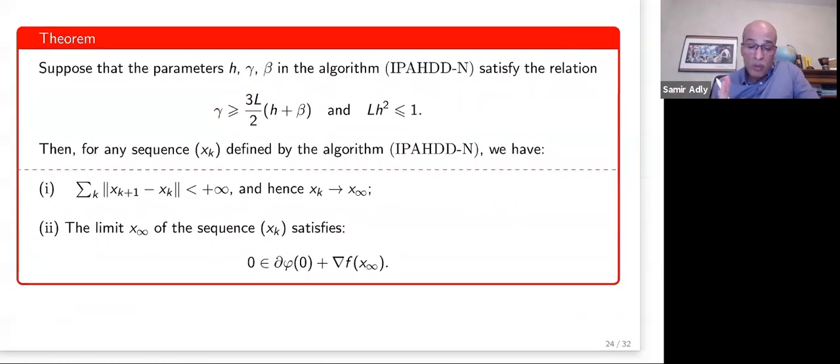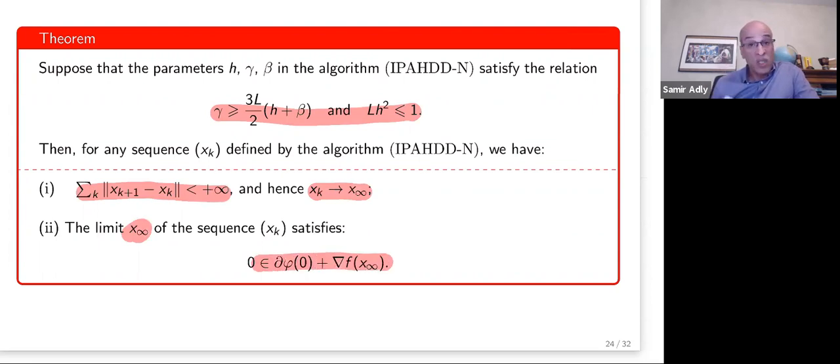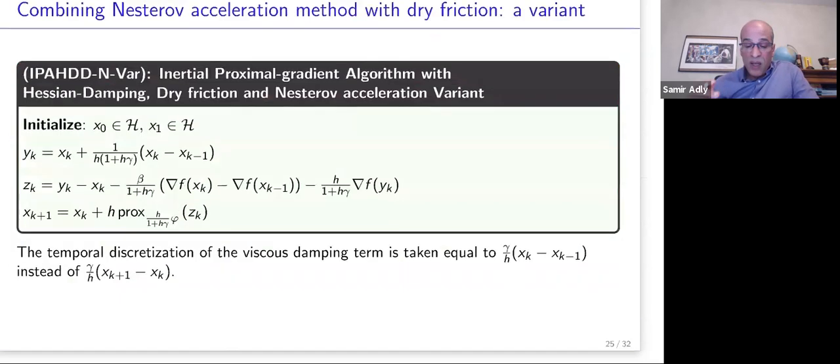You have to tune your parameters. First, the sequence will satisfy the finite length convergence property, which means we have convergence in the strong topology. The limit point will satisfy the equilibrium equation, the stationary point, and we can also ask whether we have finite convergence or not.